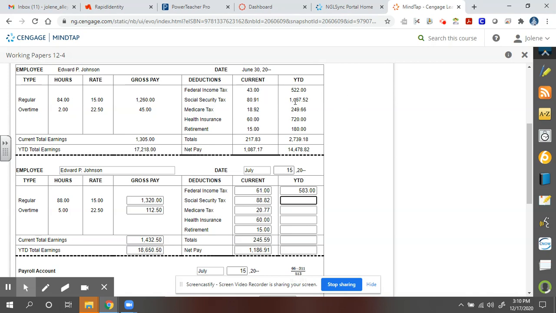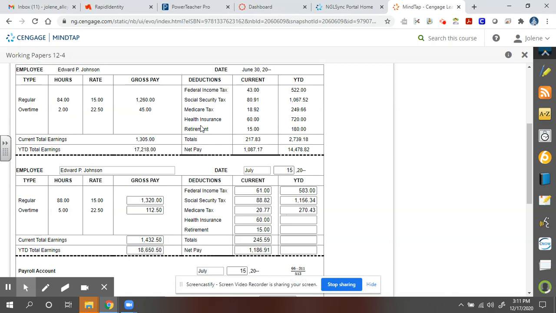For his Social Security, he's paid previously $1,067.52, and I've got to add the $88.82 for his new total. For his Medicare tax, $249.66 is what he's paid in the past, and then from this paycheck, he's paying $20.77. So he has a total now of $270.43.